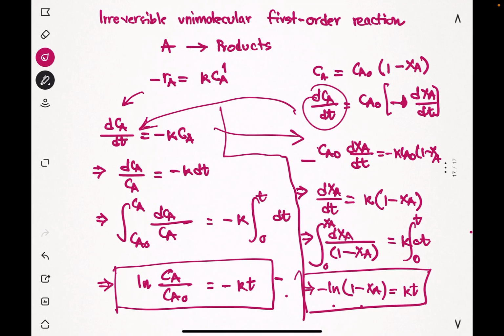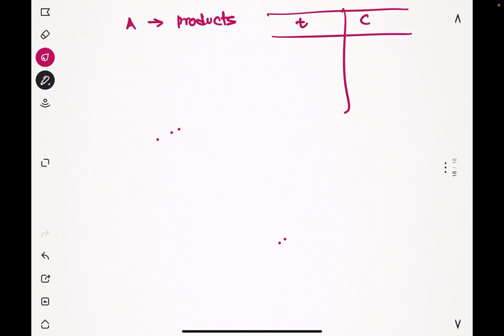Now, what do we do with these equations? Say we have done a series of experiments for the reaction we just looked into, and we have, say, data of this form. So at time 0 we have CA naught, at T1 we have CA1, at T2 we have CA2, and so on.